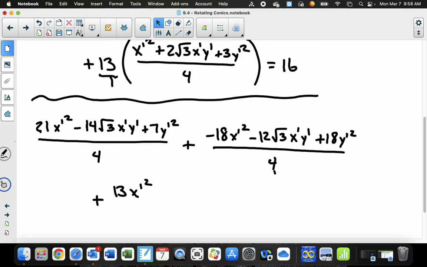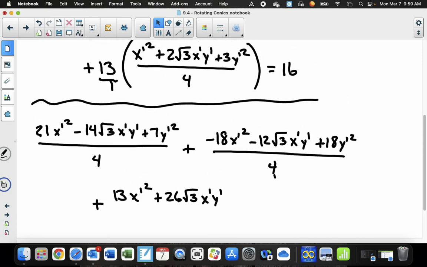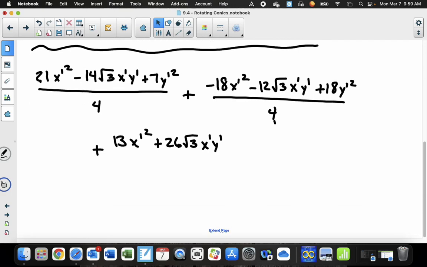When we multiply by the radical, just multiply by the number outside, so that becomes 26 square root of 3 x prime, y prime. And then the last part, you're going to end up with 39 y prime squared, just the 13 times the 3. All over 4, still equal to 16.